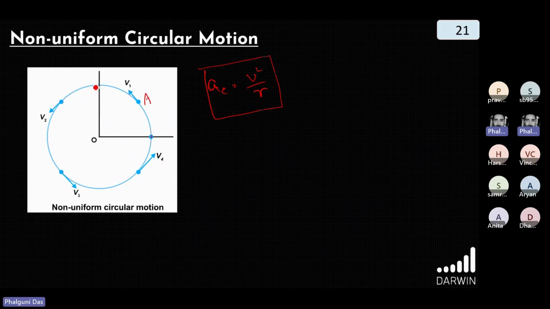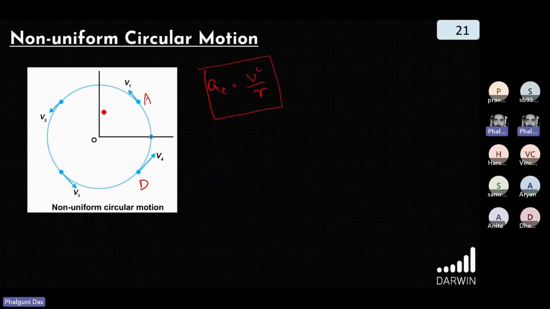At point A, since the speed is less, we have less centripetal acceleration. At point D, since the speed is larger, centripetal acceleration will be large because it depends on speed square by radius. So since speed is changing at different points, centripetal acceleration's magnitude will also differ. Since it has a v square part, it will be less or more depending on the speed at that point.